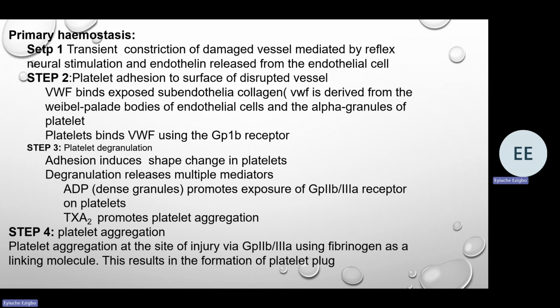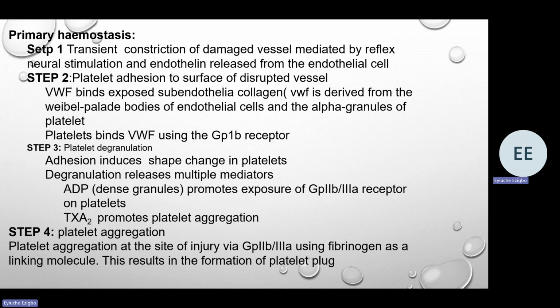The granules release multiple mediators such as ADP from the dense granules, and this ADP promotes exposure of another receptor on the platelet, the glycoprotein 2B3A receptor. Also, thromboxane A2 is released, and it promotes platelet aggregation.